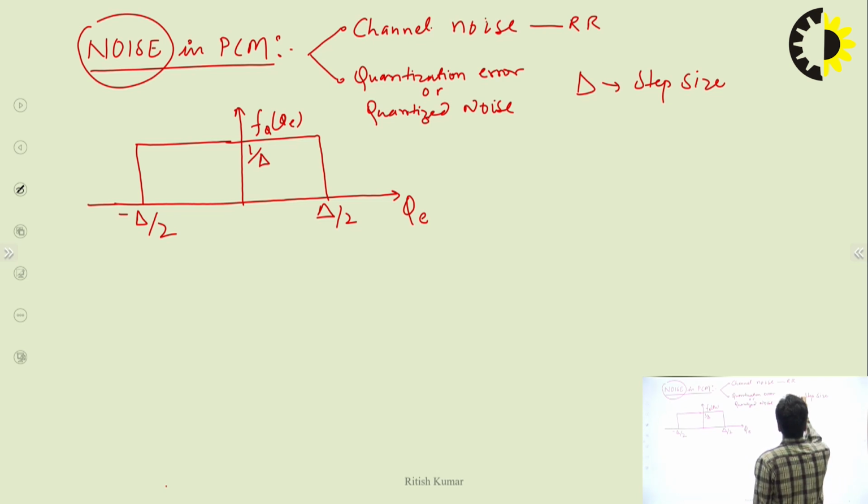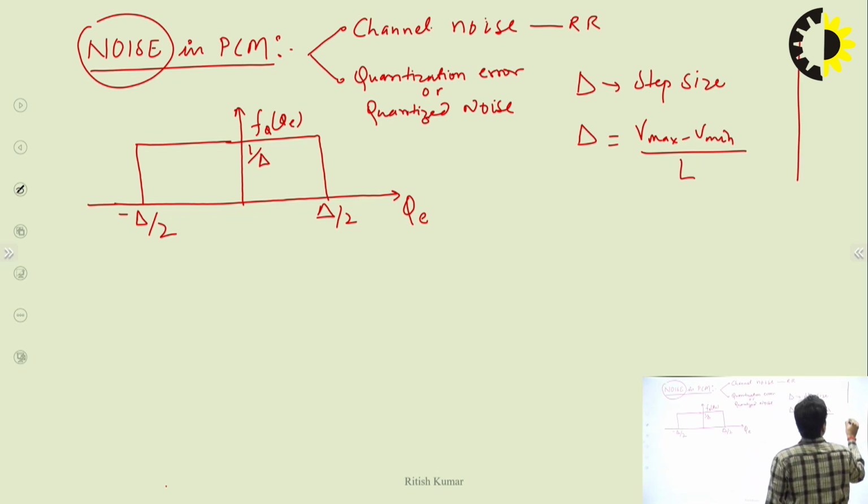Step size is the gap between two consecutive levels throughout the quantization levels. The step size formula is V max minus V min divided by the total number of levels.